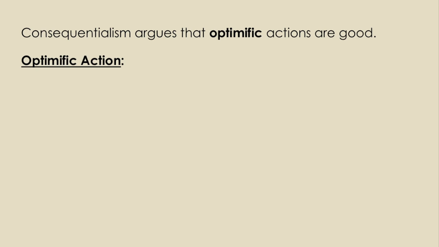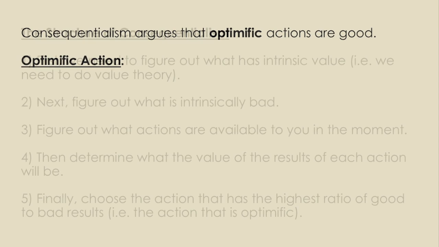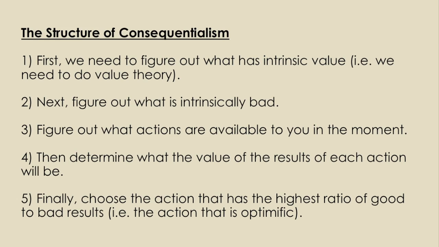So according to the consequentialist, we should be aiming for optimific actions. Whenever we act, we should ask ourselves, what are the actions available to us, and which of those actions or set of actions is going to be optimific? So here's the structure of consequentialism. First, we need to figure out what has intrinsic value.